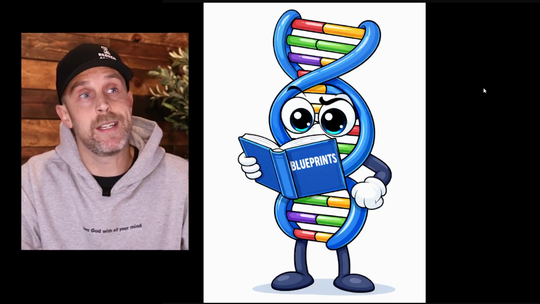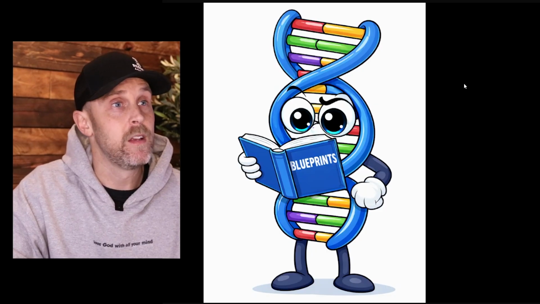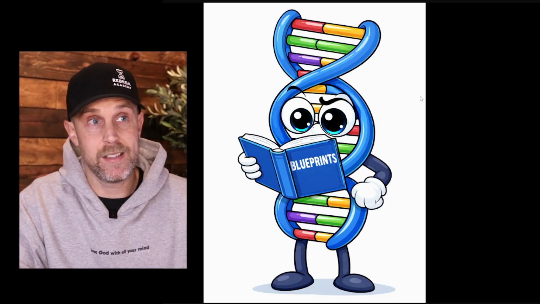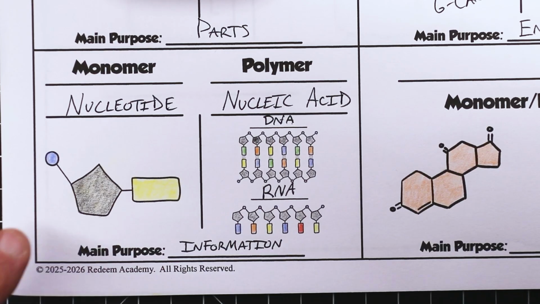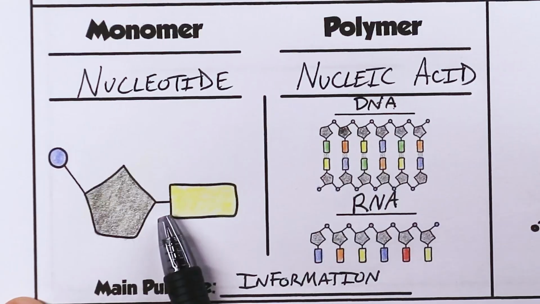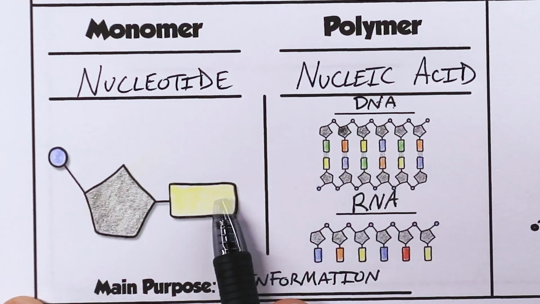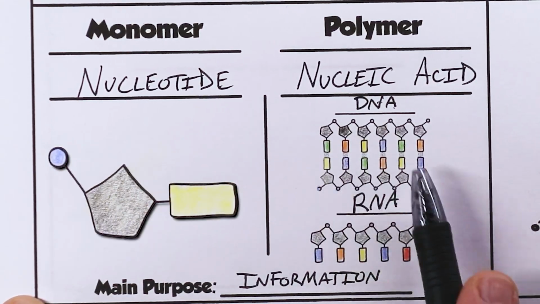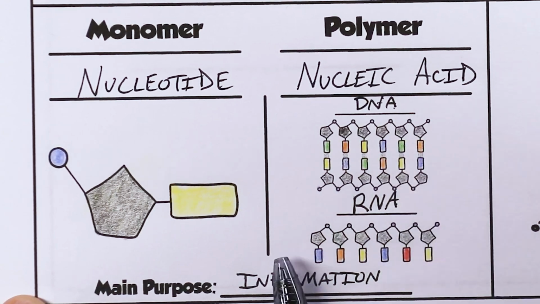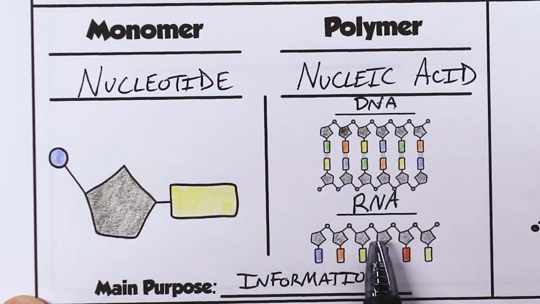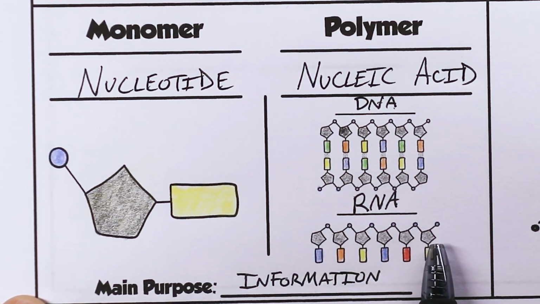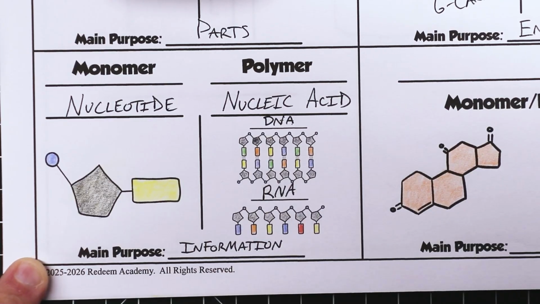So anyway, here's my cartoon DNA for my YouTube thumbnail, and he's got some blueprints he's reading because he is about information. Now, as you can see, the monomer for DNA is a single nucleotide, and those combine to form a chain again. And there's another thing like DNA called RNA that's a single side of DNA, and you'll learn a lot more about this later.